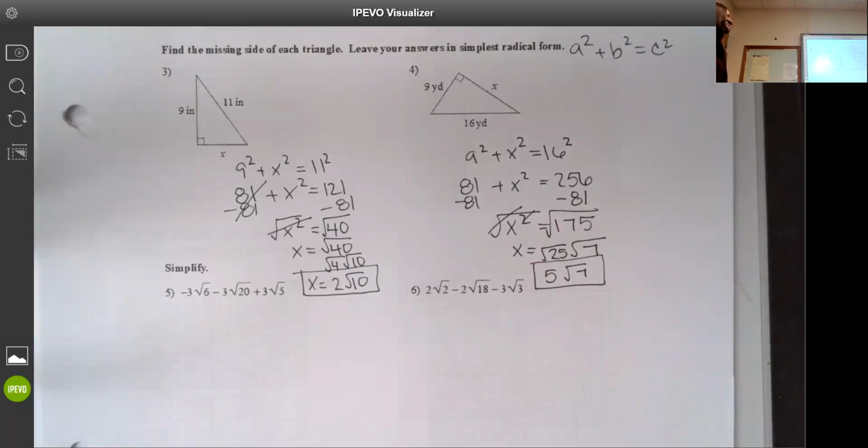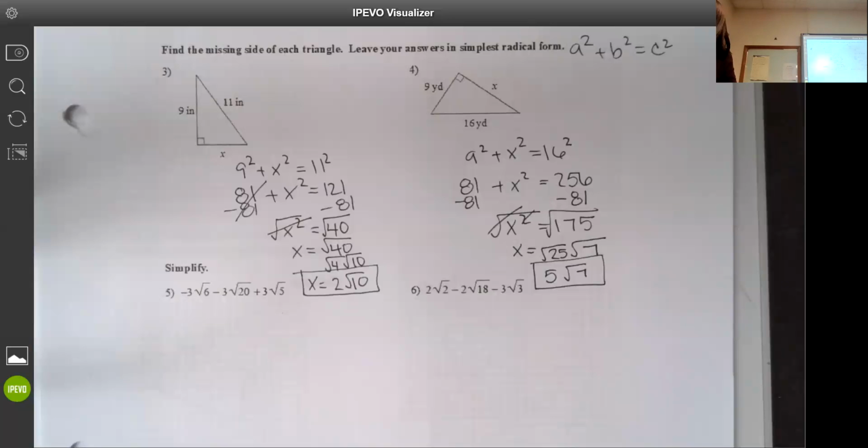The other thing we're going to be using this unit is adding and subtracting rads together. Really not subtract. Well, you could have to subtract a rad in there. But this is something we reviewed at the beginning of Unit 8 when we reviewed radicals.